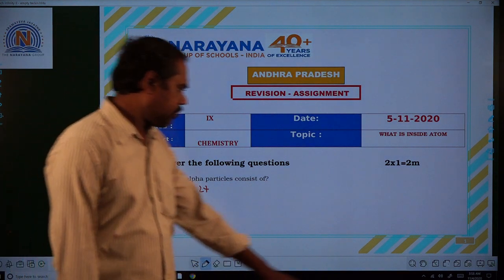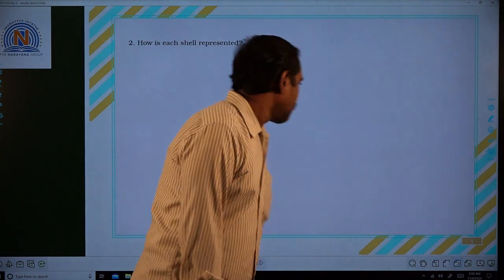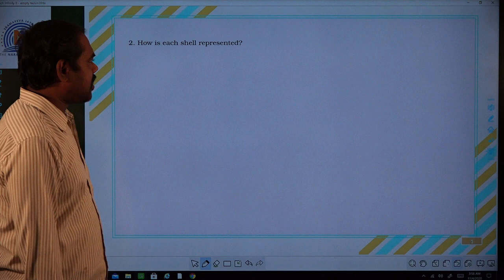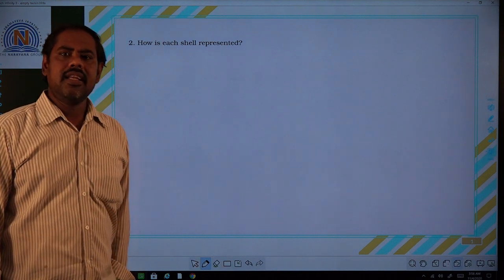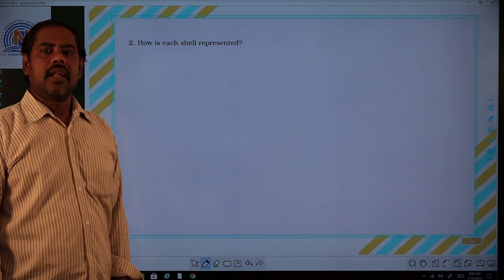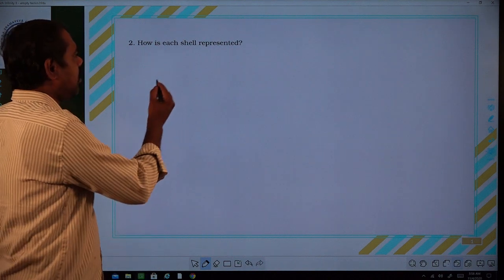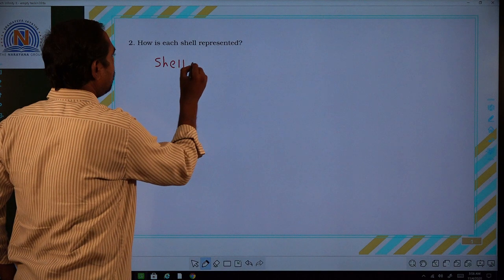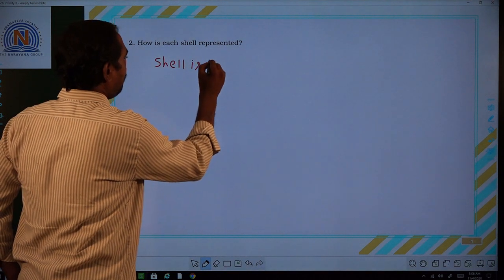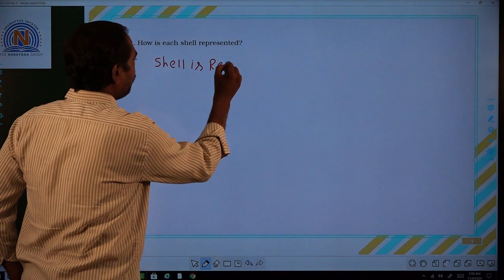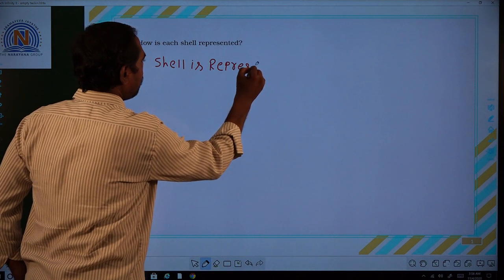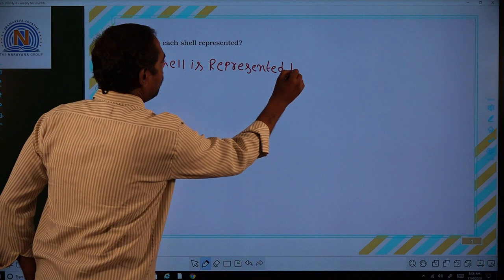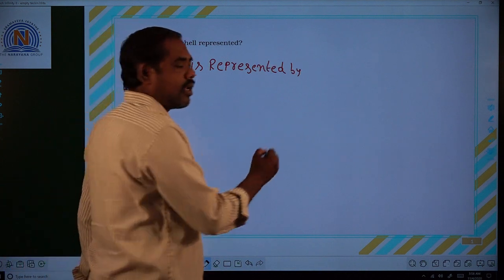Next, coming to the second one, how is each shell represented? The shell is represented by the letter n.